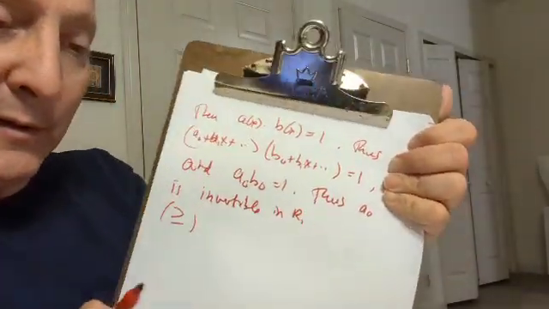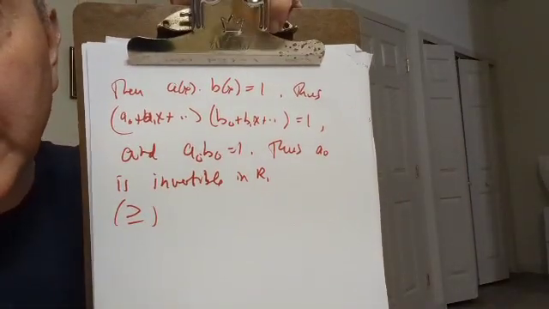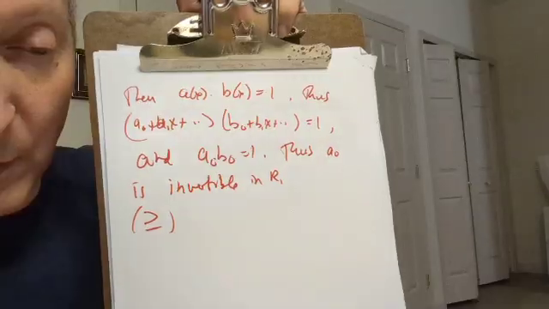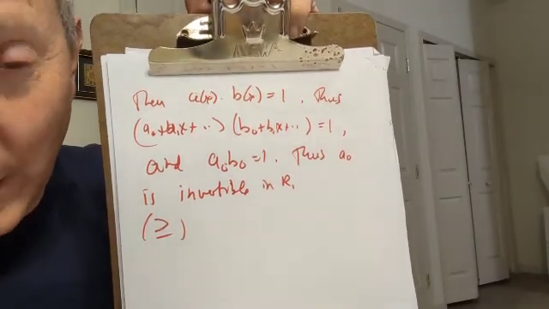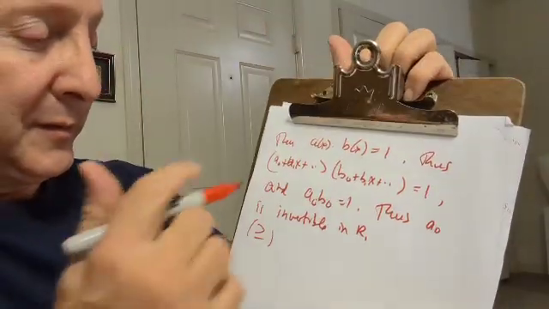The other containment is, let's suppose we have a power series whose constant term is invertible in R. And we have to show now that that power series is invertible in the ring of power series.